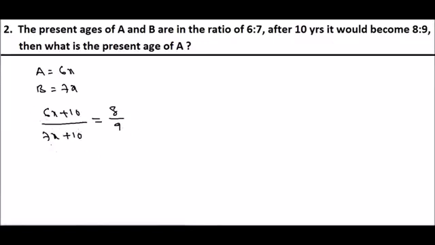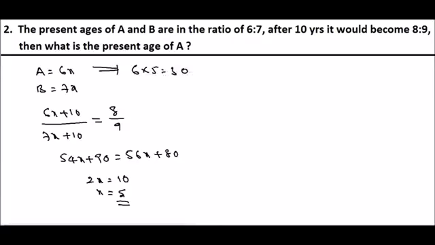Now simply, 9 times (6x plus 10), 54x plus 90, is equal to 8 times (7x plus 10), 56x plus 80. Now 2x is equal to 10, x is equal to 5. Now present age of A is 6 into 5, 30. Present age of B is 7 into 5, 35. Hope you must have understood this one.